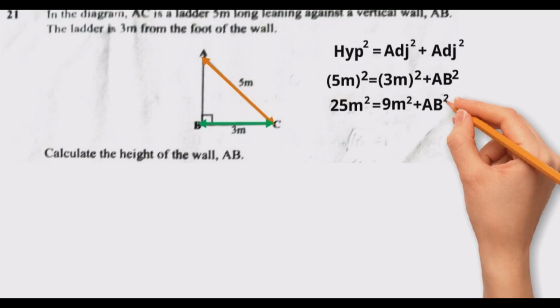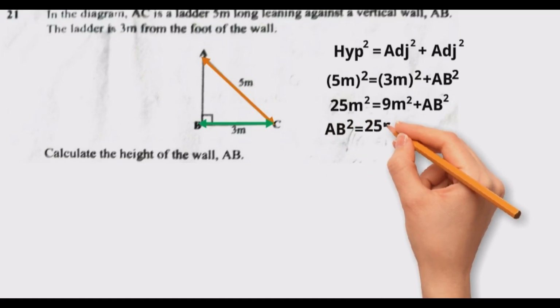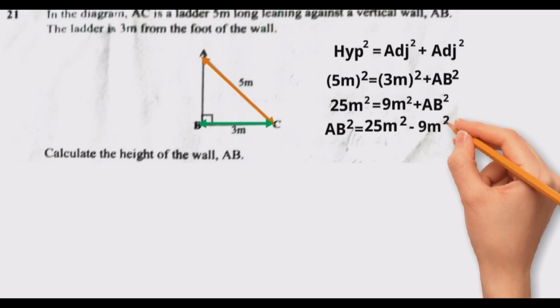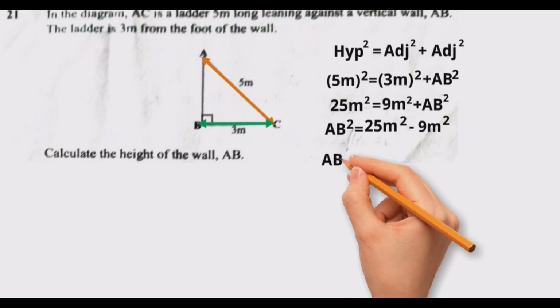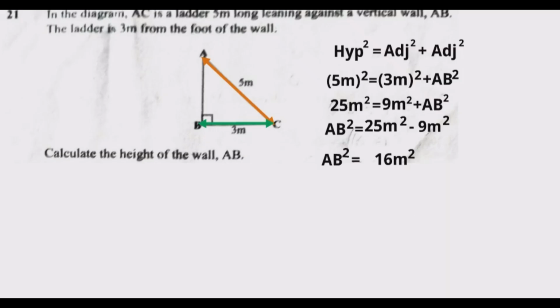Then AB squared will be equal to 25 minus 9, because the 9 crosses the equal sign so it changes its sign to negative. Then AB squared will be equal to 16. So we have to get rid of the square because they said we should find AB, not AB squared.